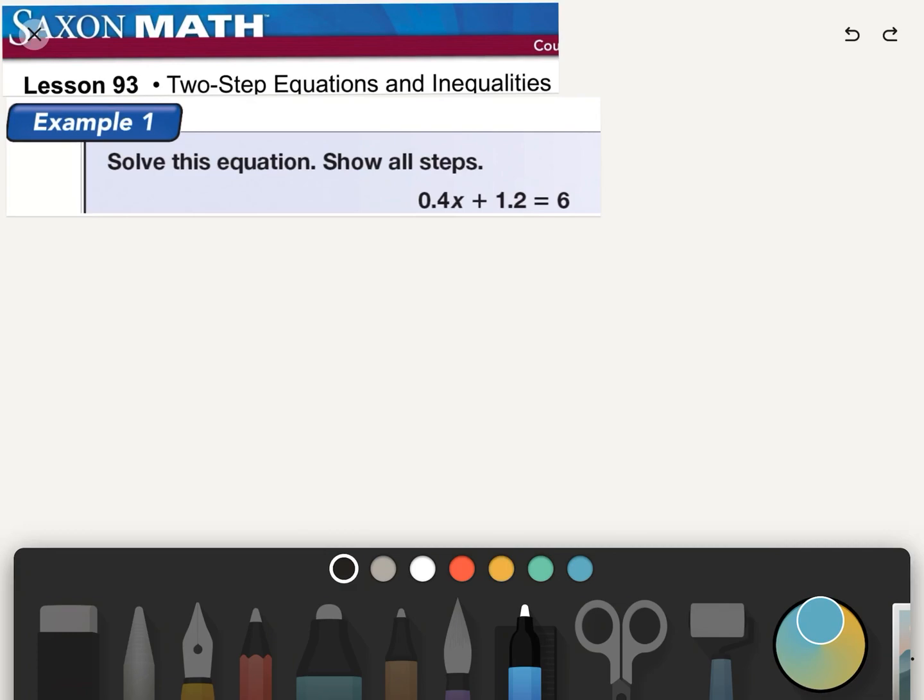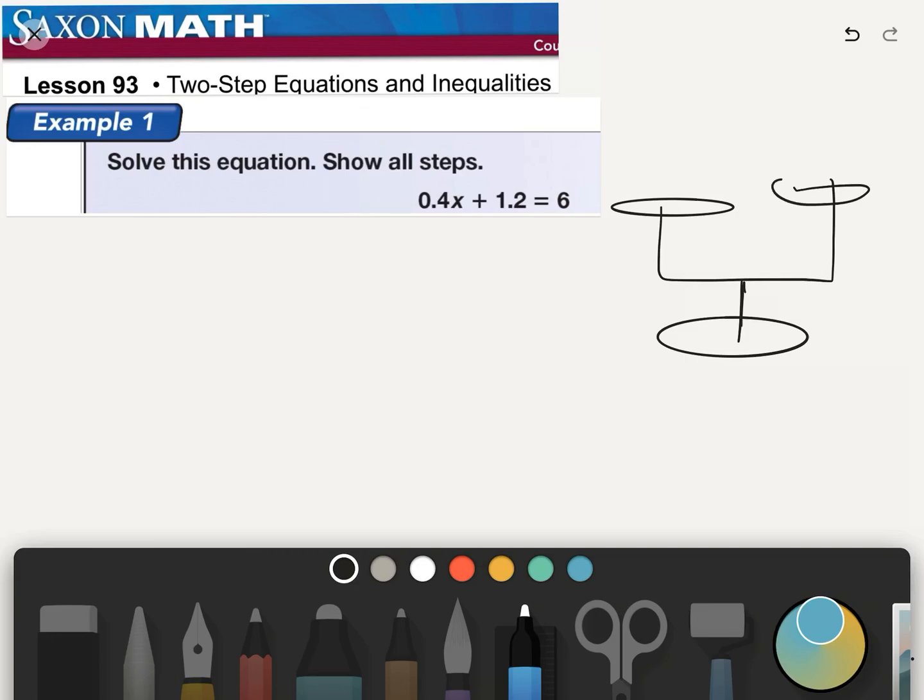So remember that we've got a scale, and whatever is on one side has to equal the amount of whatever is on the other side. Basic.